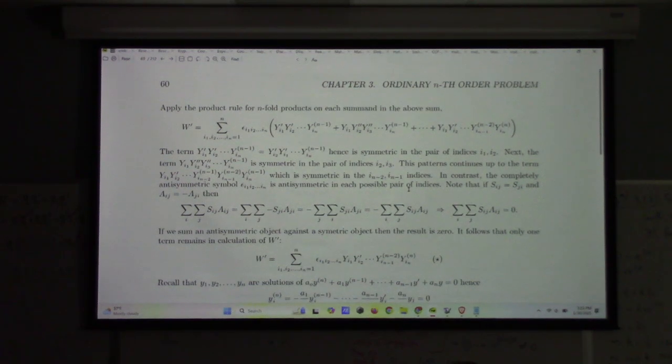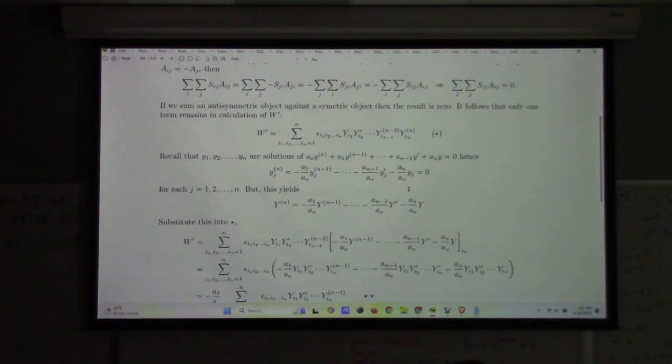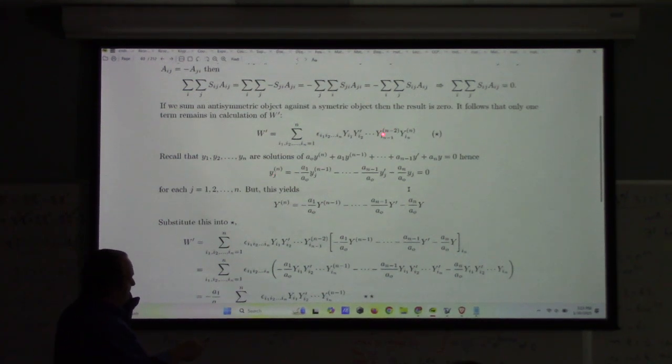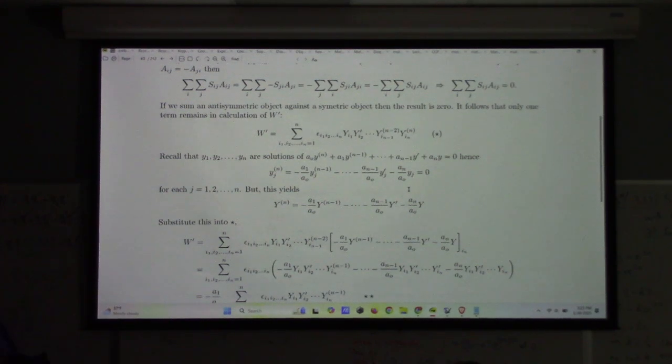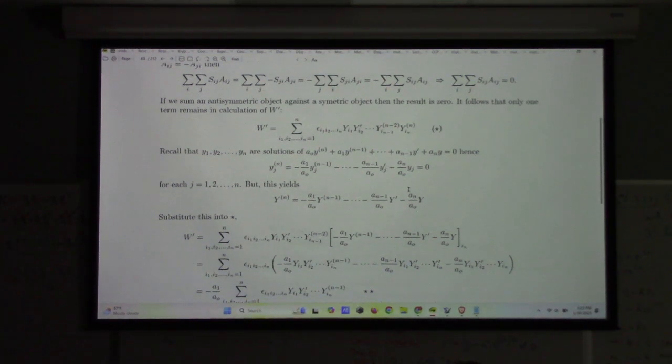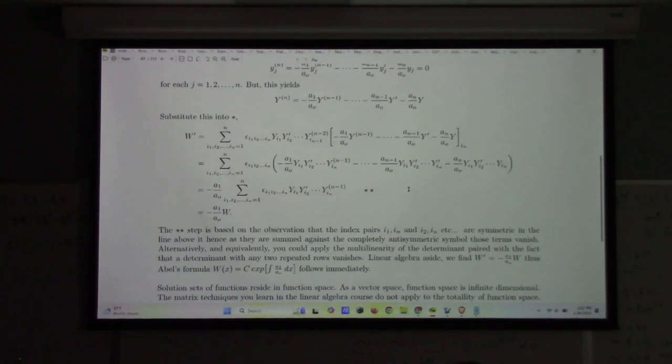And then after a little bit, I plug in the differential equations at that point to replace the particular derivatives with lower order derivatives. And when I do that, a bunch of these things go to 0. And I'm able to show that the derivative of the Wronskian for the n by n problem, again, is just minus the ratio of the leading coefficients.